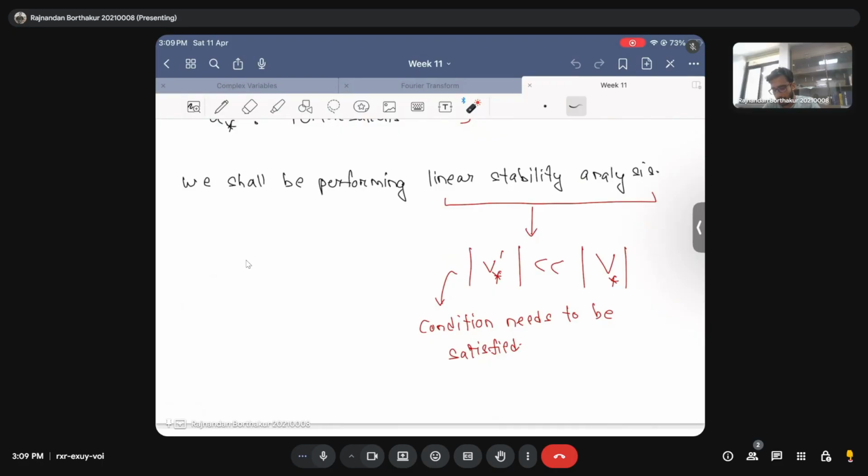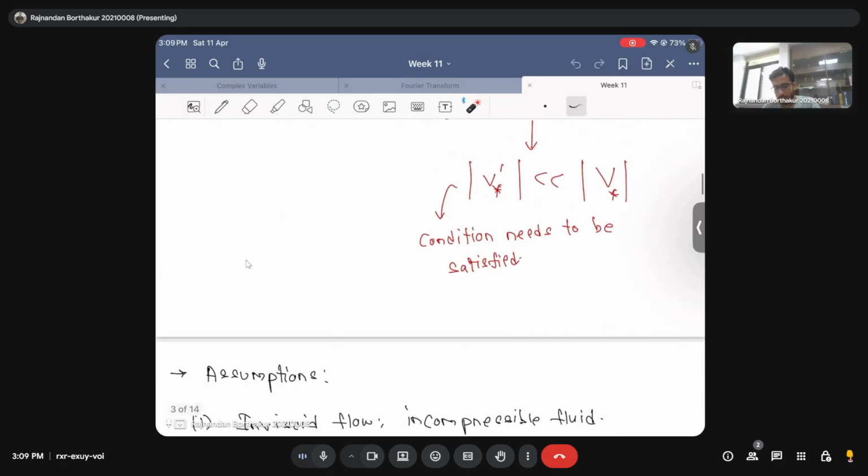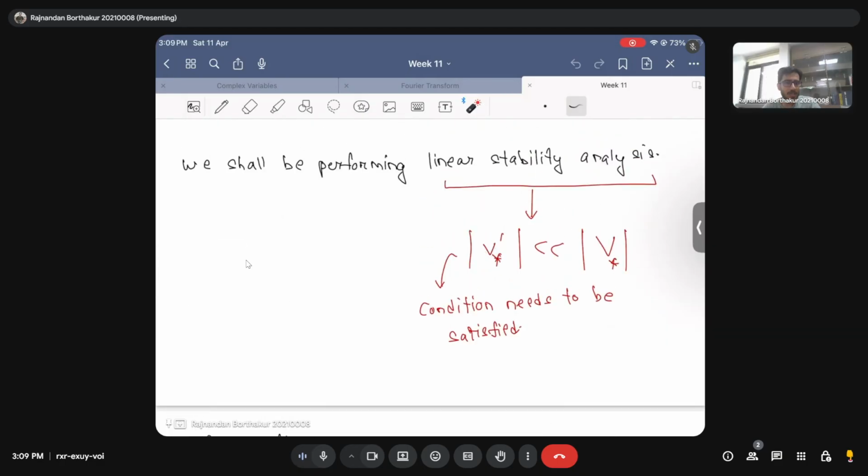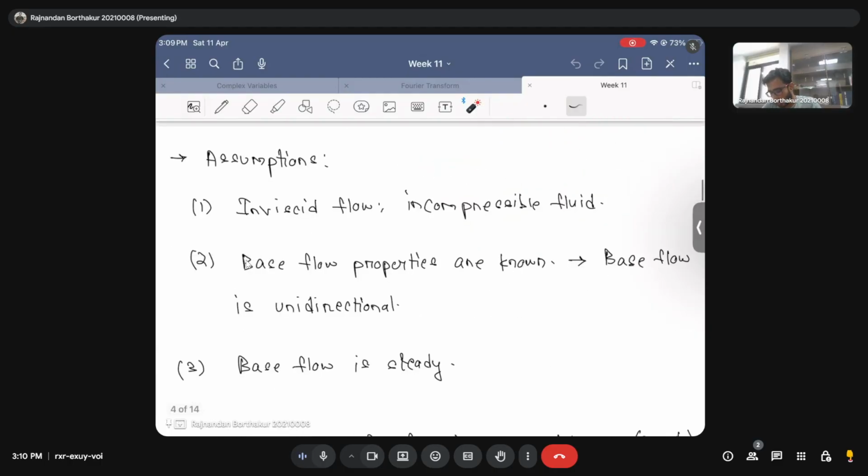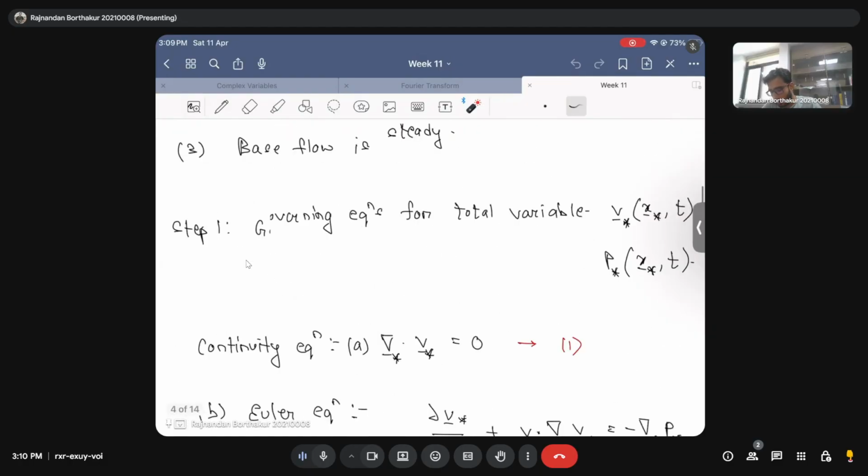This is what defines linear stability analysis. The consequence, if you remember, is that we neglected all the non-linear terms that involve the perturbations as the variables. We will see very shortly what we meant by it.